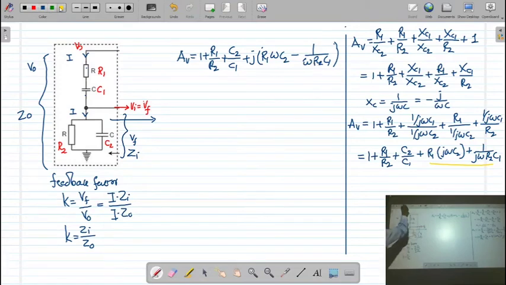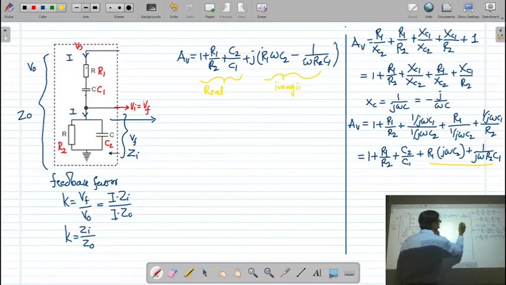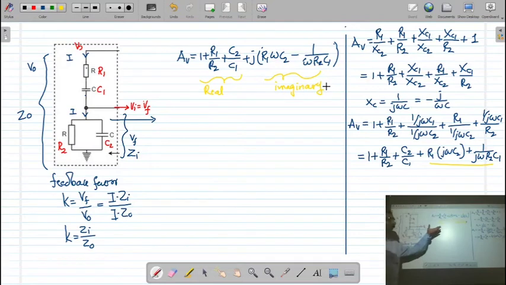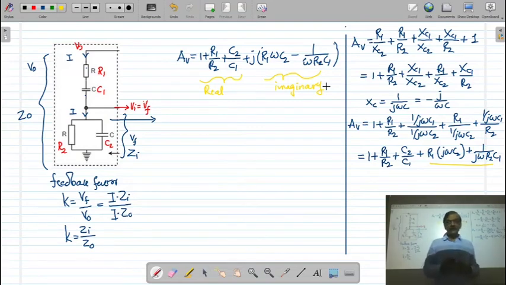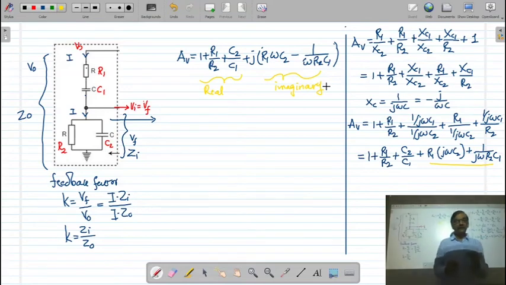Now in this expression, this is my real term and this is the imaginary term. So this expression represents that the gain of the amplifier is complex. But we know that the gain of the amplifier is not complex, it is real. Whatever input voltage we apply, we see the amplified output voltage, so it is actually real.